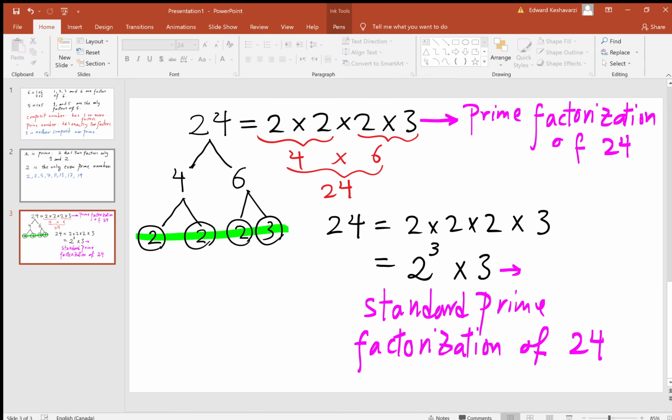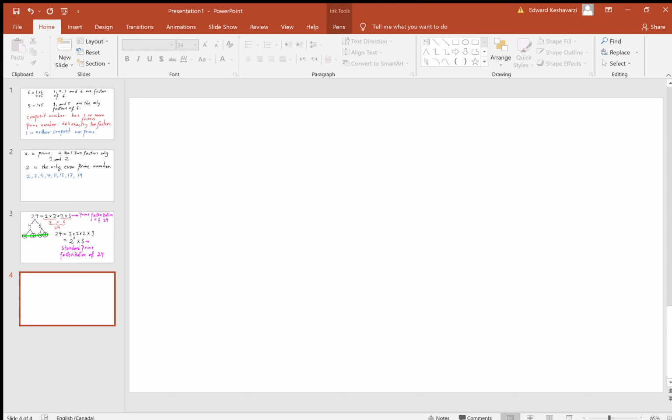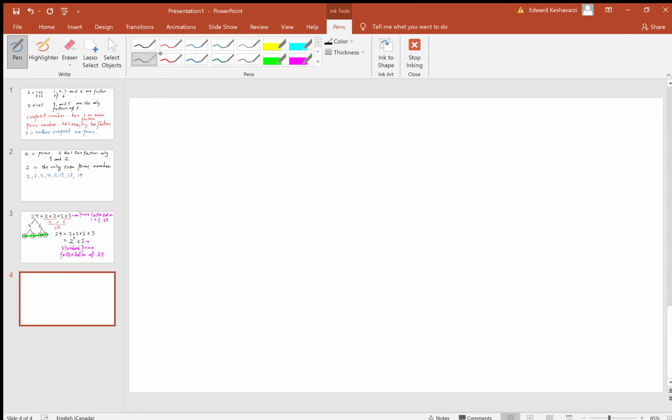Let's have another example to practice more. Let's say 120. I'm going to find the prime factorization of 120 and the standard prime factorization. As I said before, there are many ways to write 120 as the product of two numbers, but I think the easiest one might be this. So 12 is 2 times 6. 2 is prime.